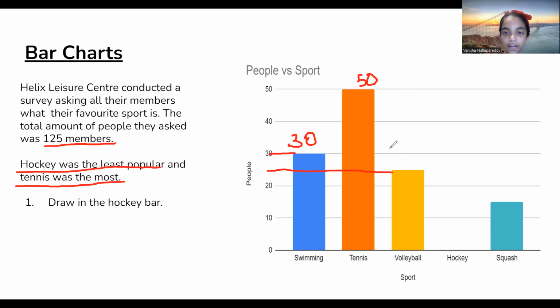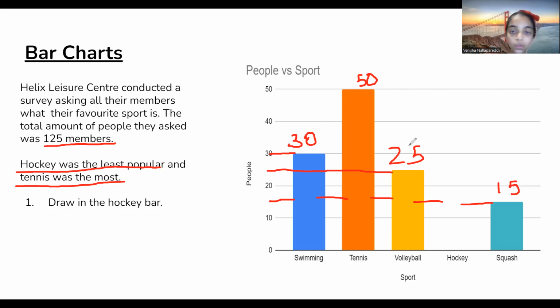Well, that's 25. And then we'll come to hockey. And then we've got squash. And if we go along a bit, we can see that's about halfway again. So 15 people like squash because halfway between 20 and 10 is 15.